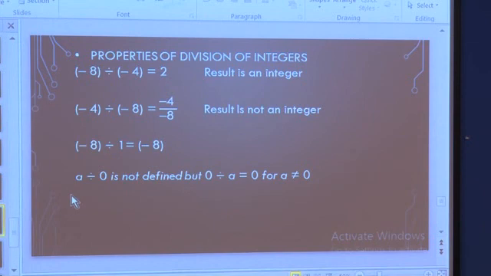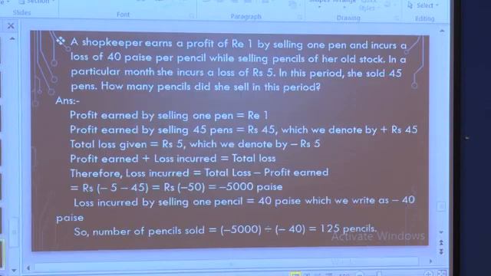In short, we can remember the properties this way: a divided by 0 is not defined, but 0 divided by a is equal to 0. Everyone has to remember this is for a not equal to 0. So, in short, we have learned the properties of division of integers. It is not applicable every time that we will get a negative integer as the result.